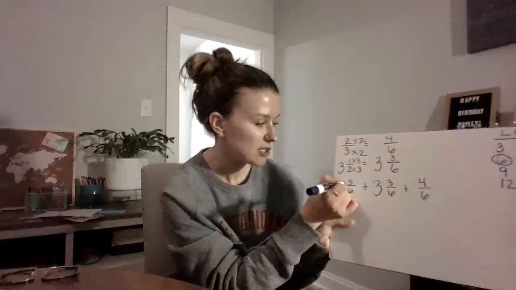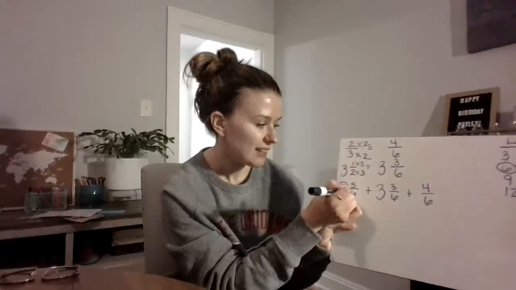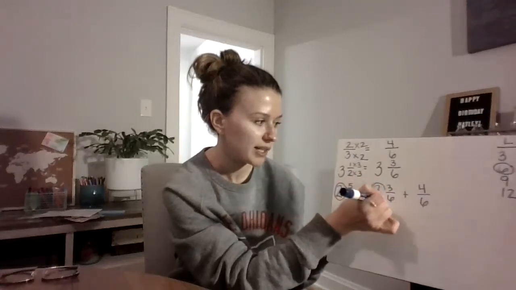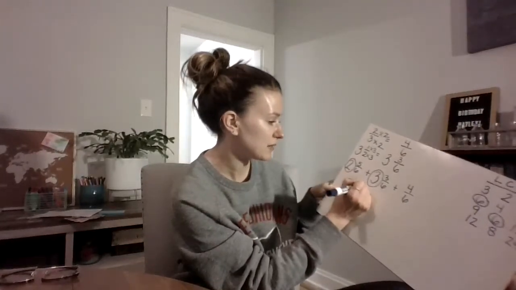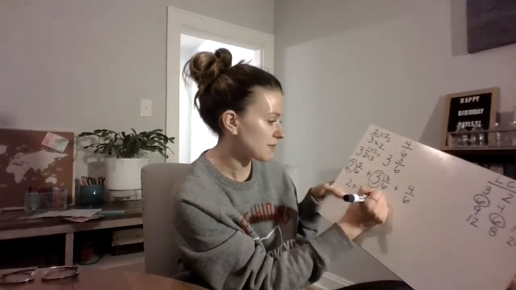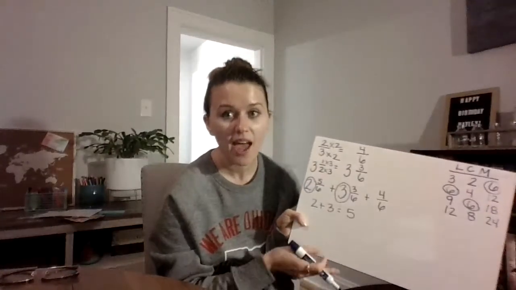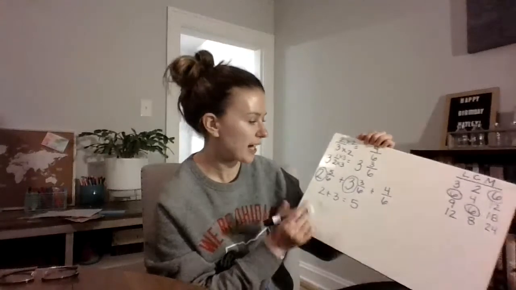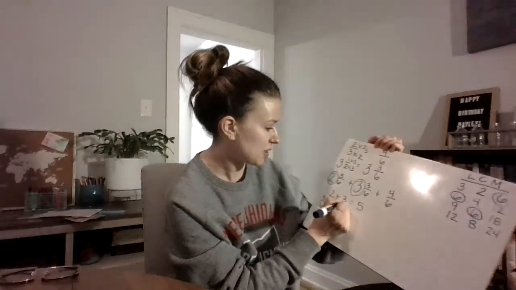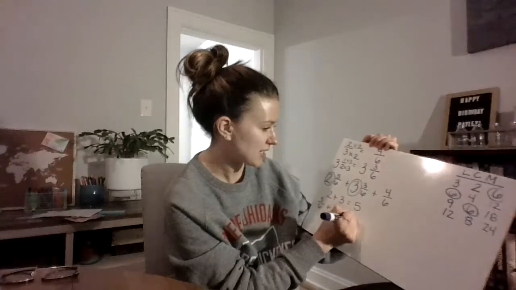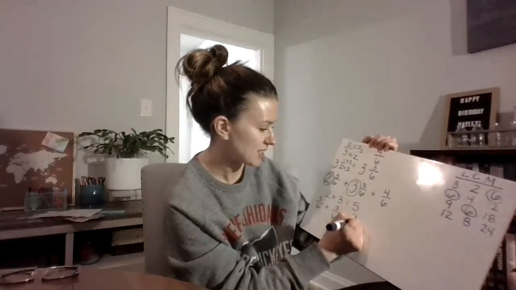So my first thing I can do really easily is add my whole numbers. And 2 plus 3 equals 5. Next, I'm going to add my fractions. I have 5/6 plus 3/6 plus 4/6.